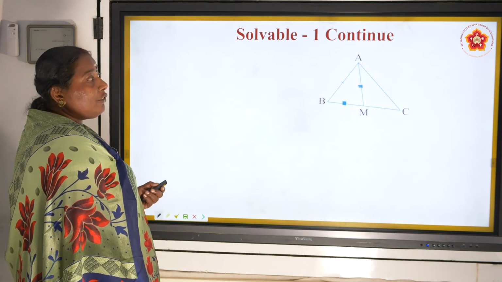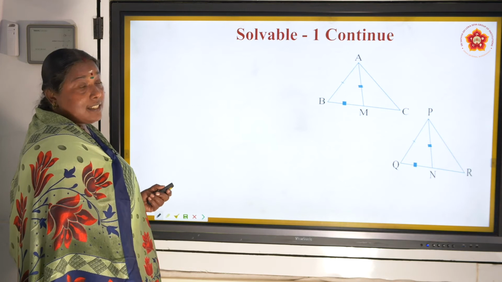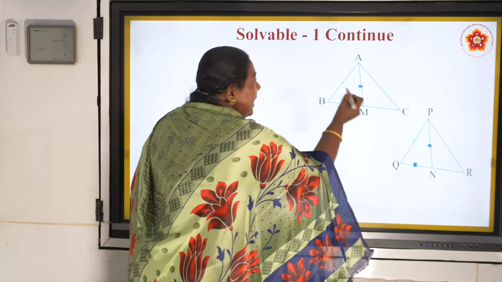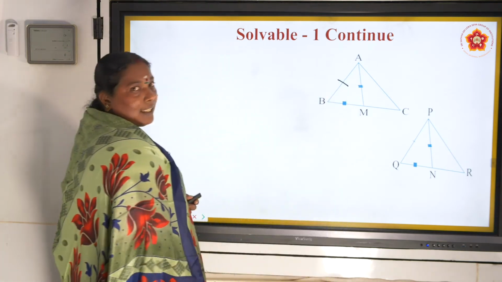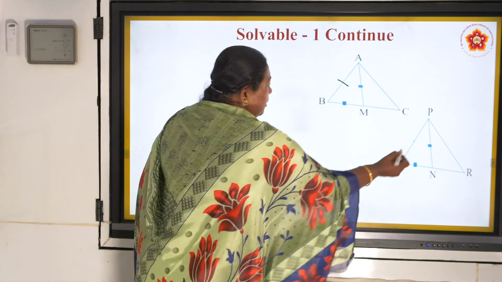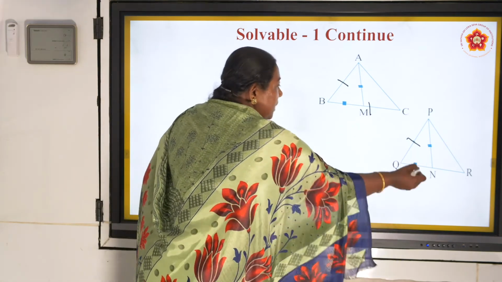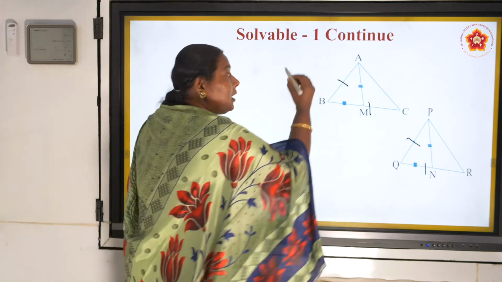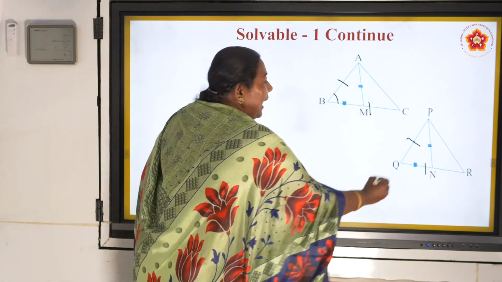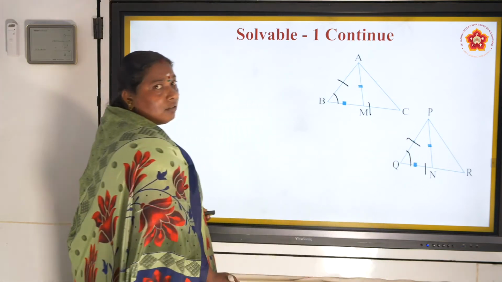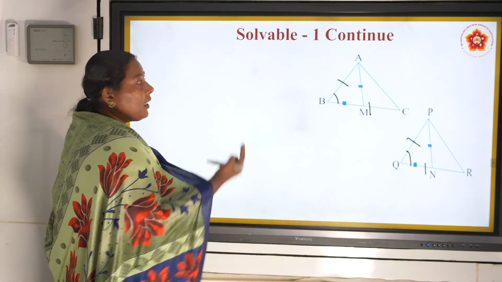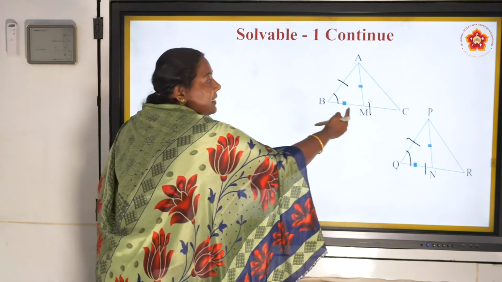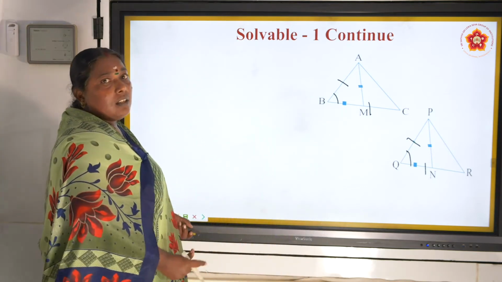The next one, I have to prove both the big triangles are congruent. In this they have given one side AB is equal to PQ and BC is equal to QR. Just now, from the previous proof, I found angle B is equal to angle Q. So now who is coming to help? Angle and side: SAS congruency.